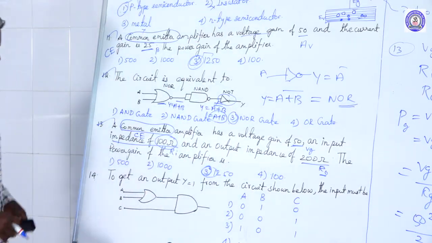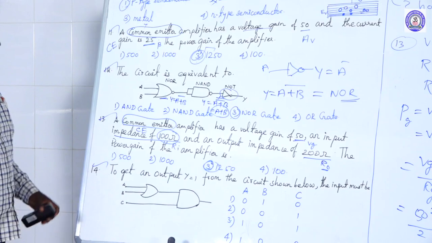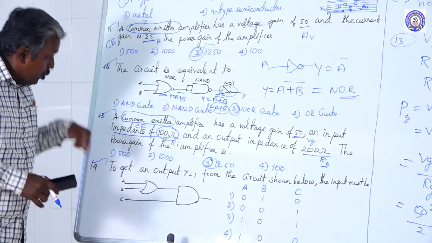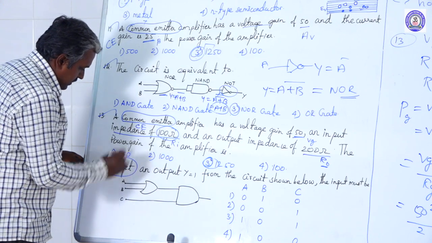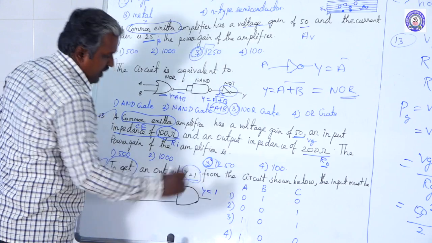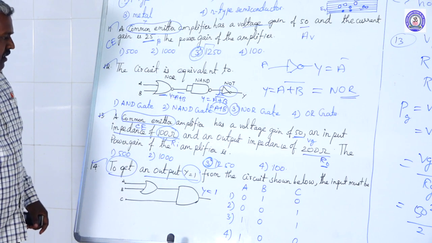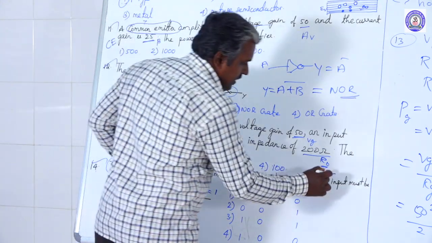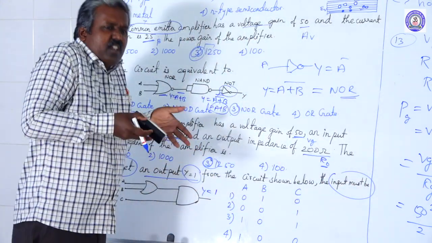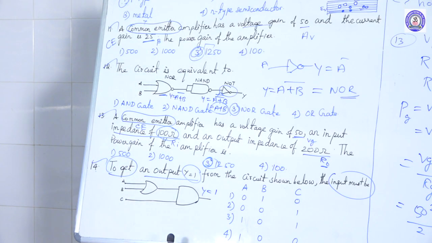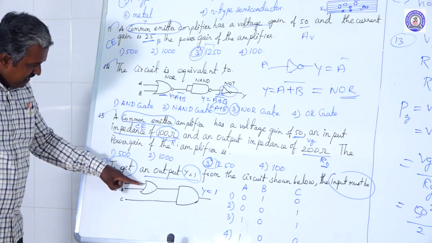Question 14. To get an output Y equal to 1, from the circuit shown below, the input must be what? What is this?